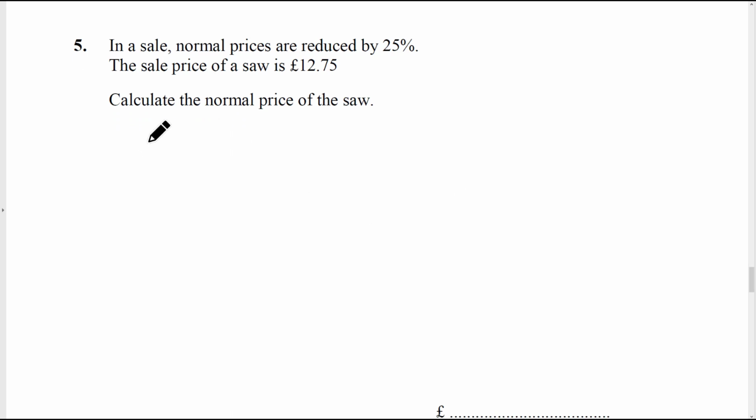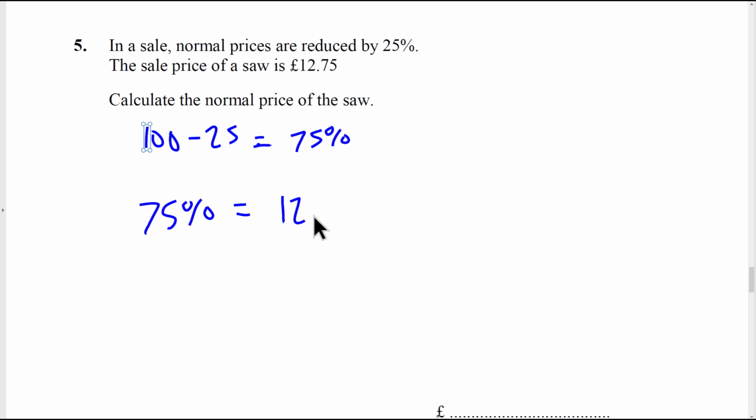So we know now 100 minus 25 equals 75%. We've got 75% of the original price, which is £12.75.